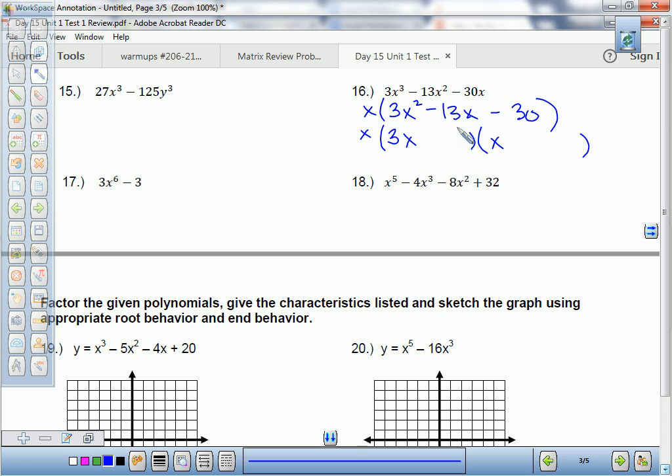Once we take the GCF out, we can see it's a difference of squares and a difference of cubes. So we do the difference of squares first. That becomes x cubed plus 1 and x cubed minus 1.